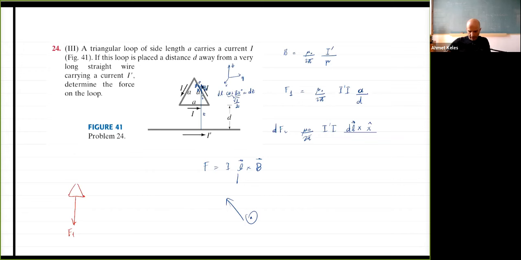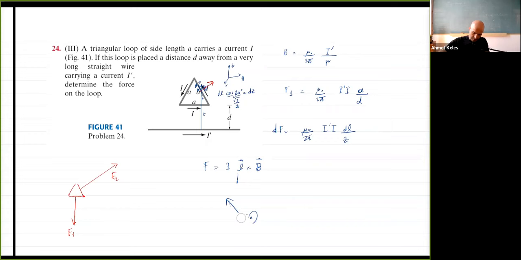So what is this going to be? If I put my hand like this, I think it's going to be this direction. And the nice thing is every little piece is going to be in the same direction, so I can put something like that for total F2. They are perpendicular, so I can forget about the cross product and just write dl, and the distance is z.